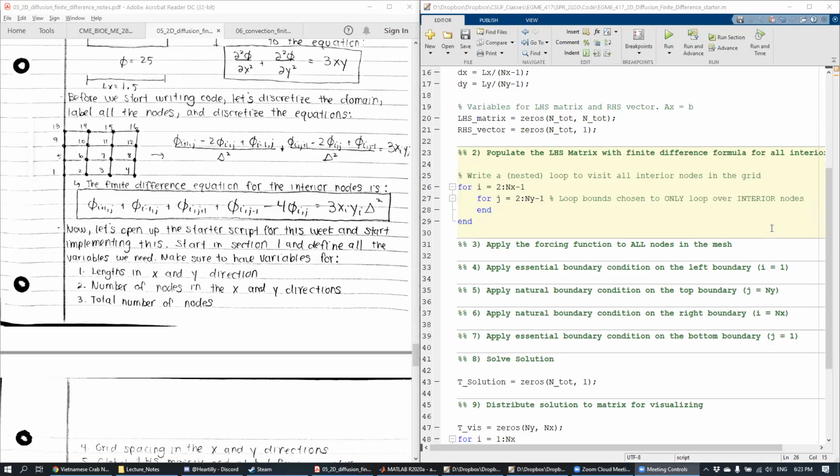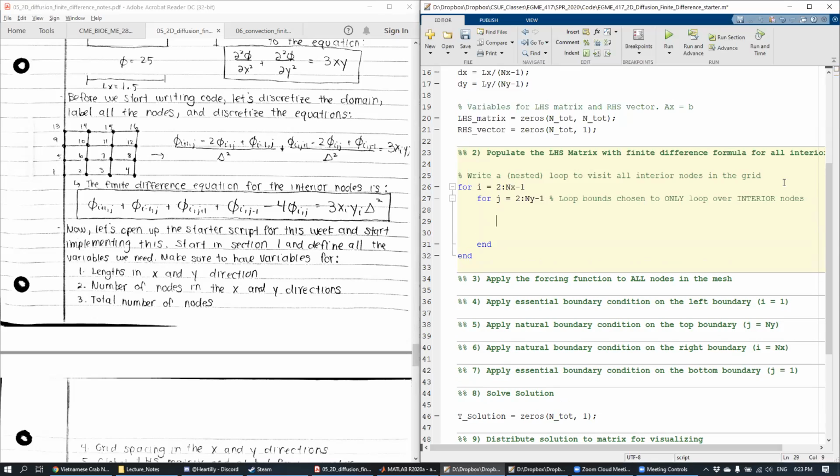Okay. And so from here, now that we're looping over all of the interior nodes, we can start to write the code to make the proper modifications to the left-hand side matrix and the right-hand side. Well, in this case, just the left-hand side matrix. The first thing we need to do, just like we talked about when we did our Dirichlet boundary condition loop, is compute the ID numbers for all relevant nodes.